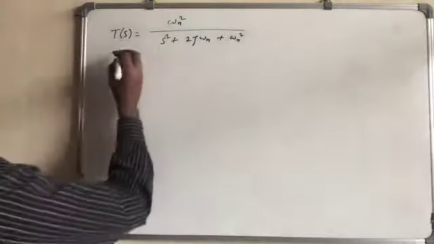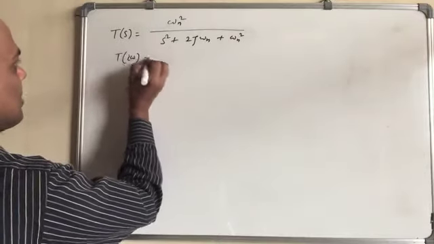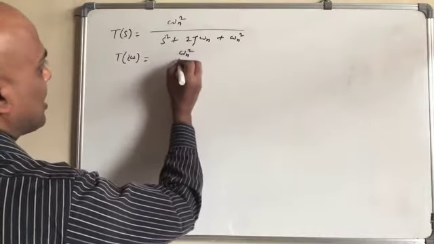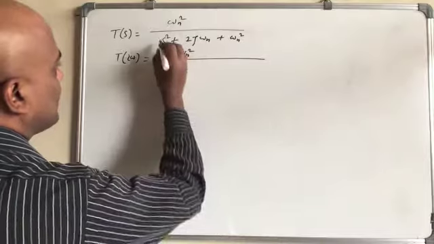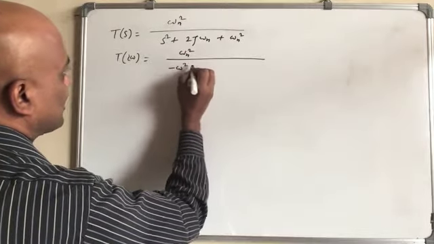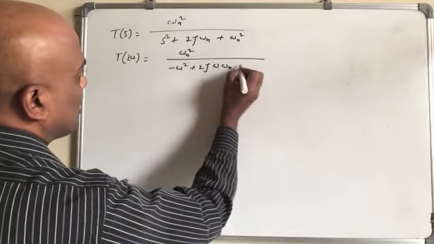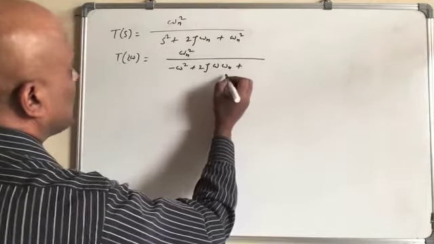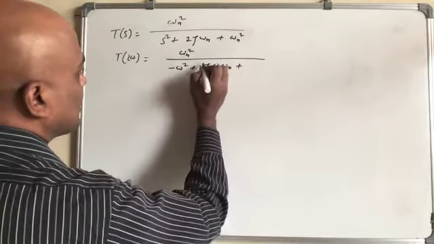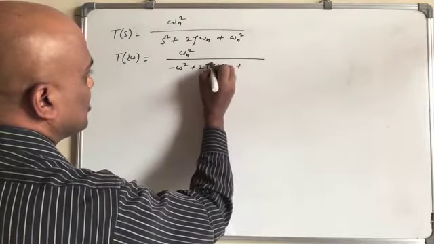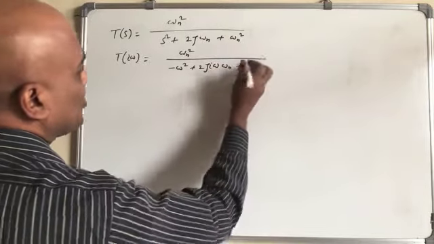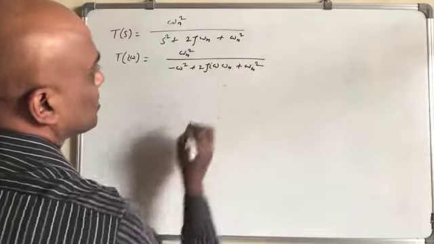Now we know that T(i omega) will be equal to omega n square divided by minus omega square plus 2 zeta i omega n omega plus omega n square.